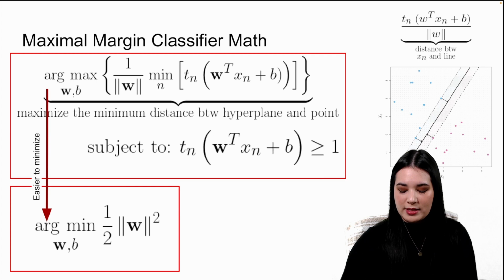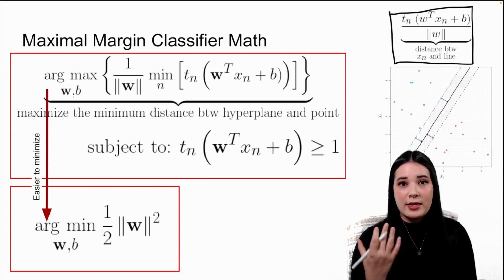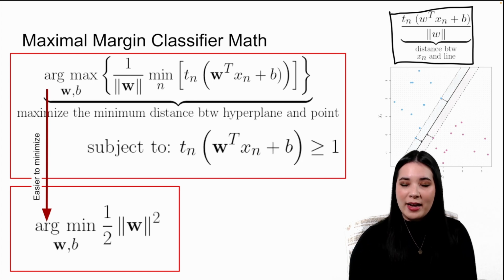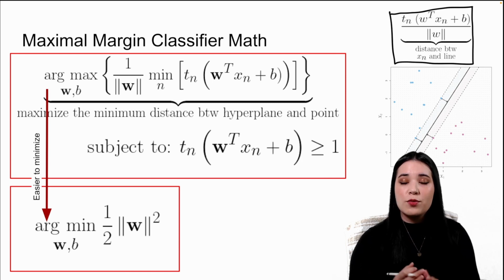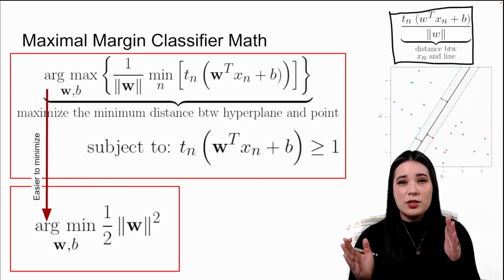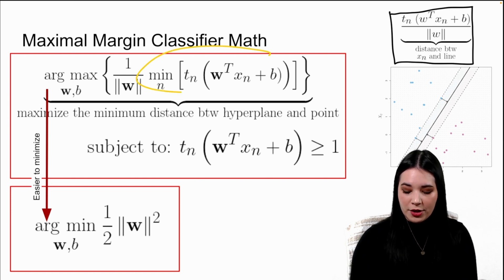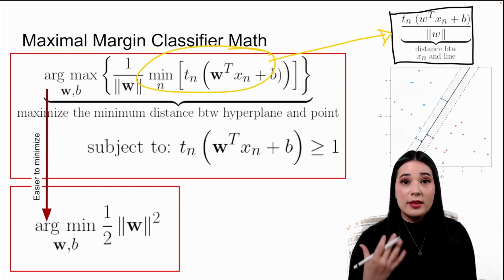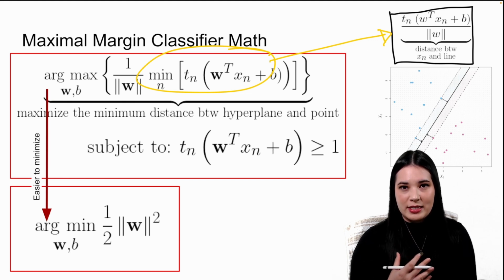First, just for reference, this is the formula to find the distance between a data point and a hyperplane. Remember, a maximal margin classifier wants the closest data point to be as far away as possible from the hyperplane. In other words, we want the largest margin possible. Here you can see that this is just this distance formula rewritten. This is just saying that we're going to find the distance between every data point and the hyperplane, and then figure out which of those data points are the closest to the hyperplane.